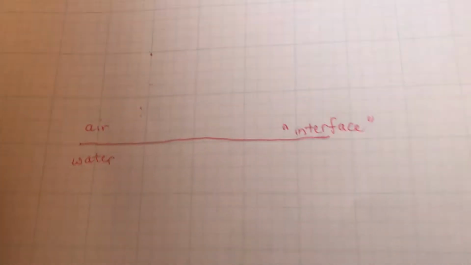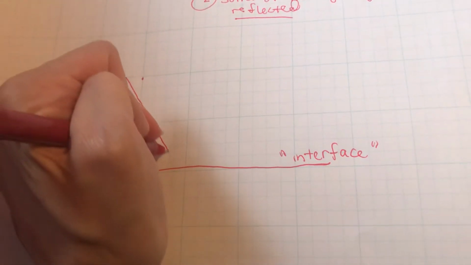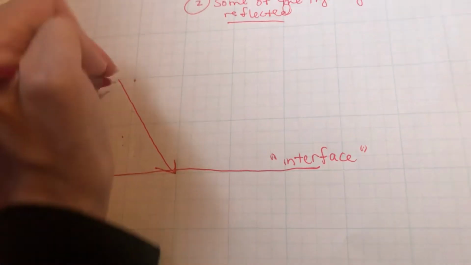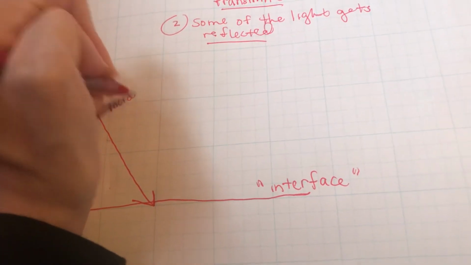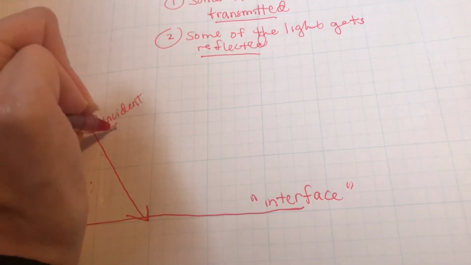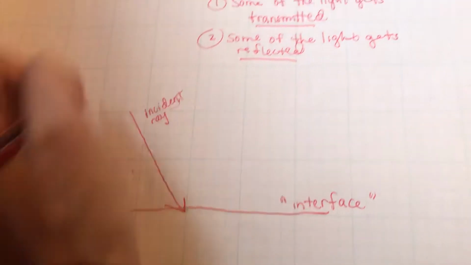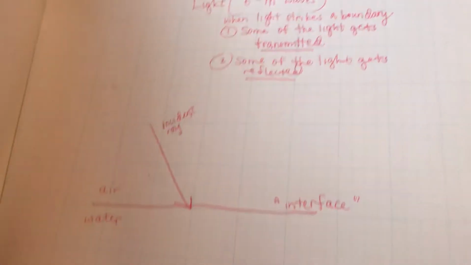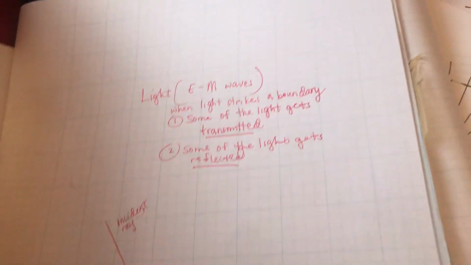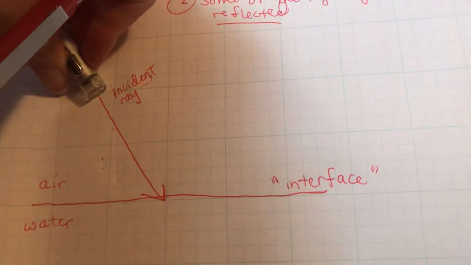Well, our incoming light we are going to refer to as our incident ray. And this incident ray is what we're calling sort of the source of the light. So the light, let's say maybe I have a laser situated right at this position.